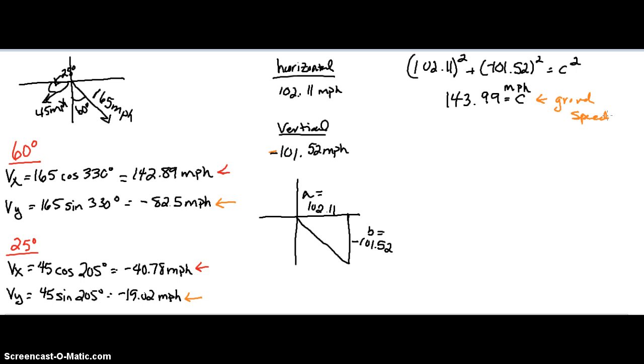So now we want to find its course. We can do that by using tangent of theta. It's going to be equal to, now remember, tangent is equal to opposite over adjacent. So the opposite side, since this is the angle I'm looking for, is going to be negative 101.52 divided by 102.11.